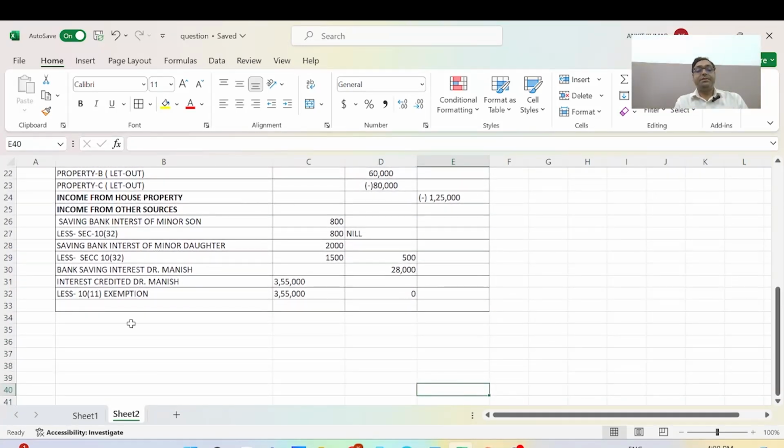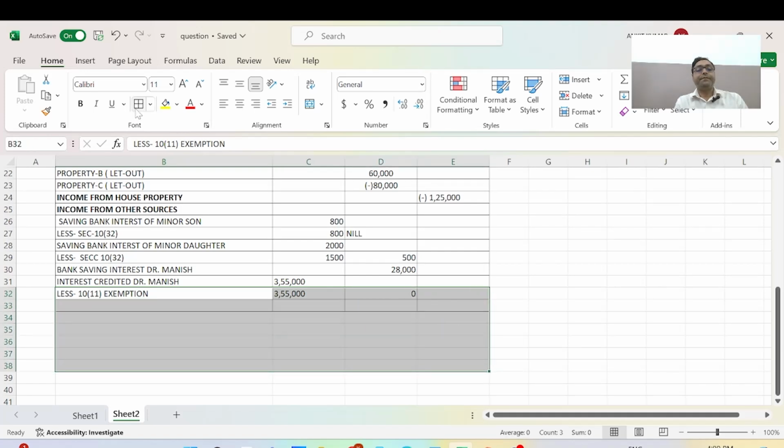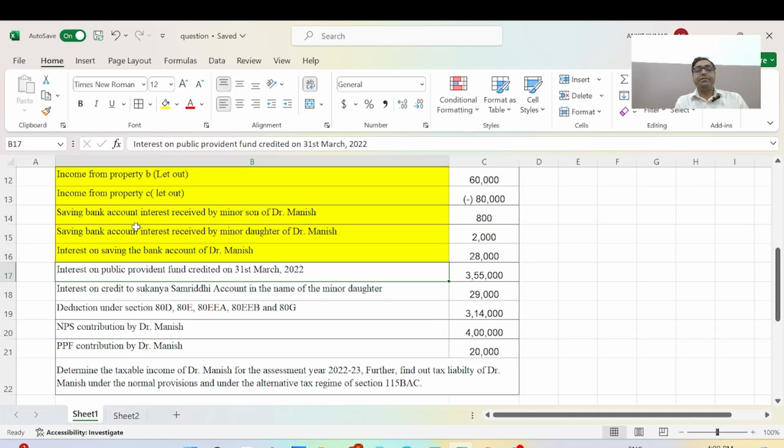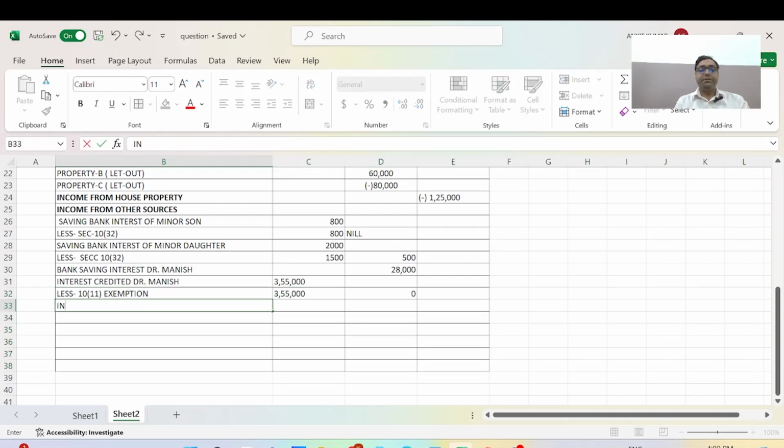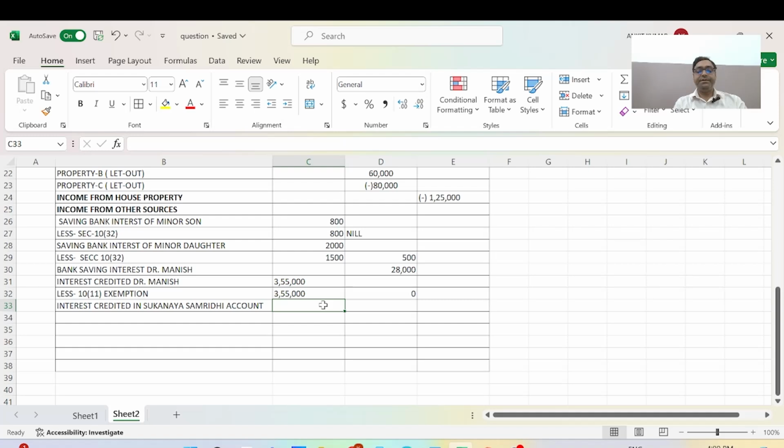Now, if some information is remaining: interest credited to the Sukanya Samriddhi account of the minor daughter is 29,000 rupees.